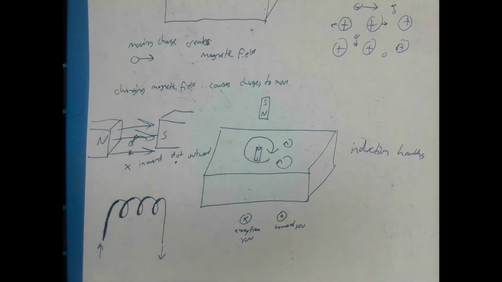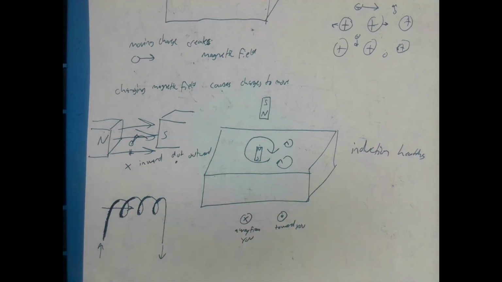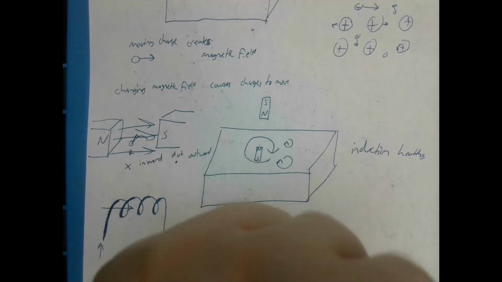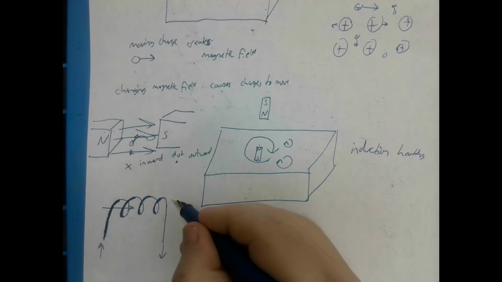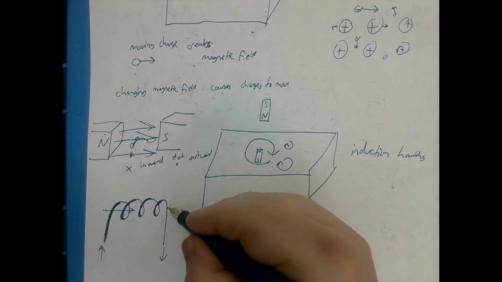So when I take my thumb and point it in the direction of the current going through this wire, my hand would have to wrap around it so that I would be reaching my fingers into it like that. On this way, my thumb is going down, so my fingers would twist to go in. That's wrong. This is the correct direction.